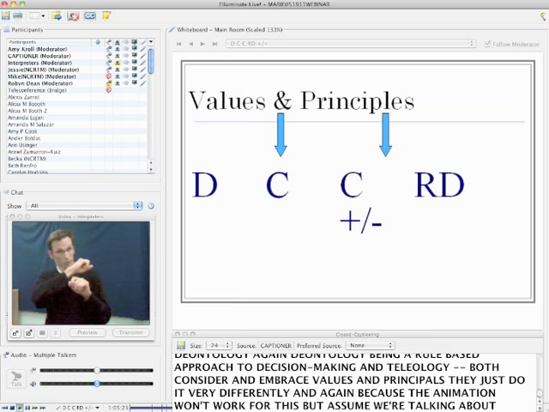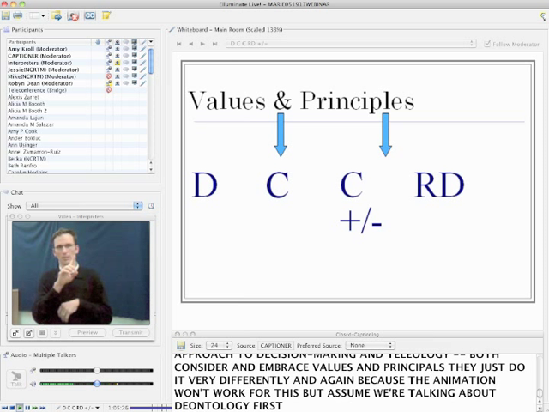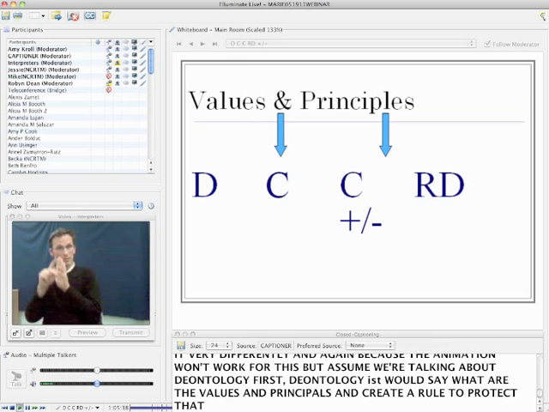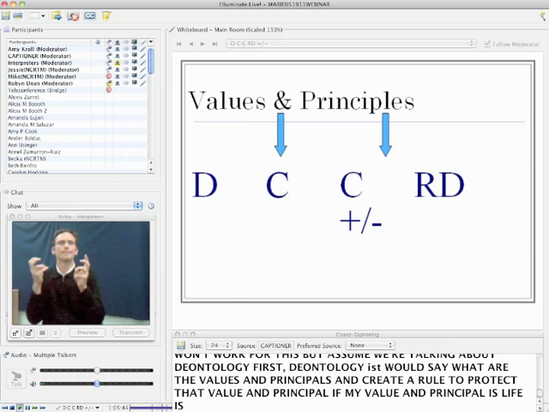deontology first. A deontologist would say, what is the value, what is the principle, and create a rule to protect that value and principle. If my value and principle is life is precious, life is supreme, then do not kill would be my rule. That's a deontological approach.